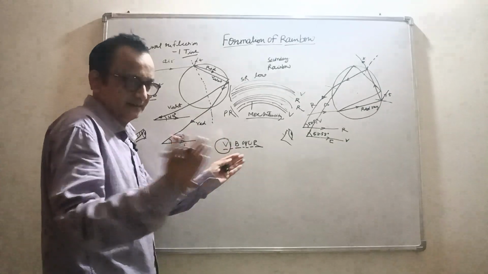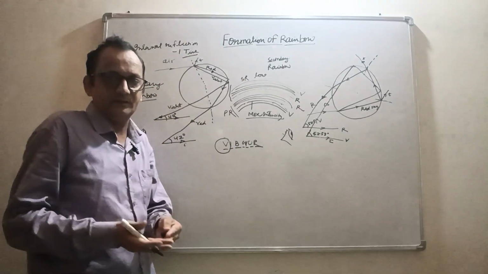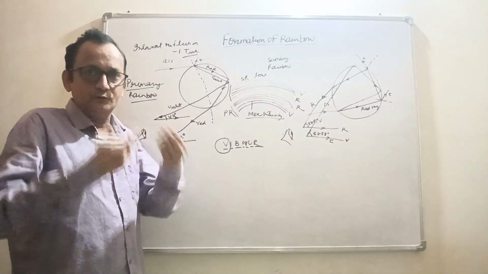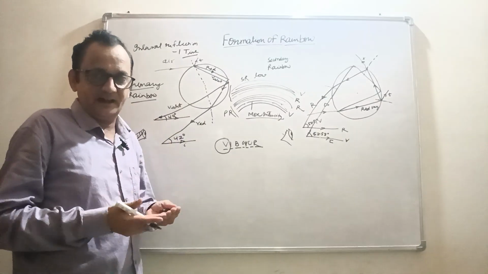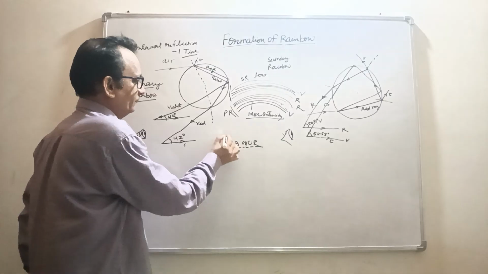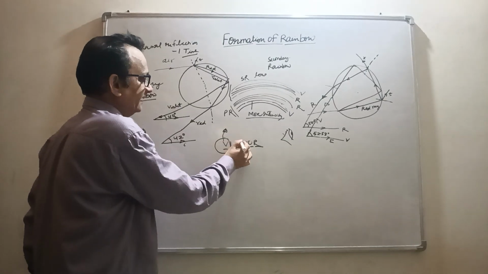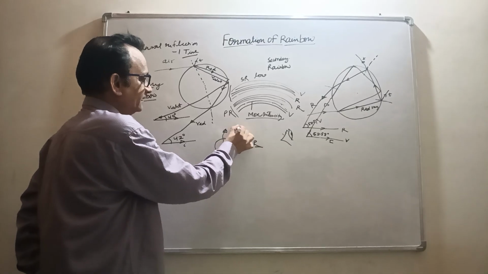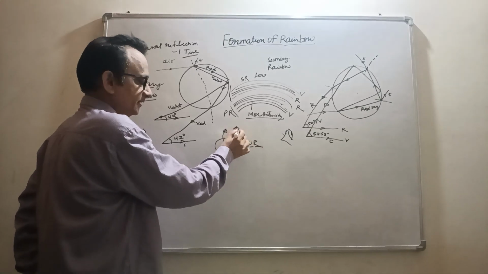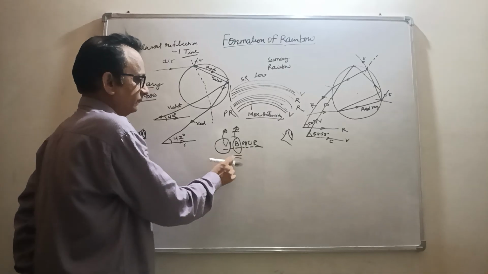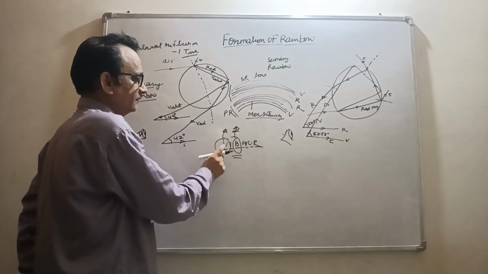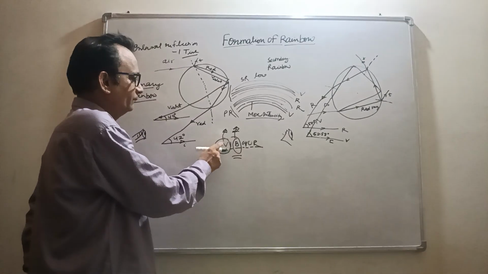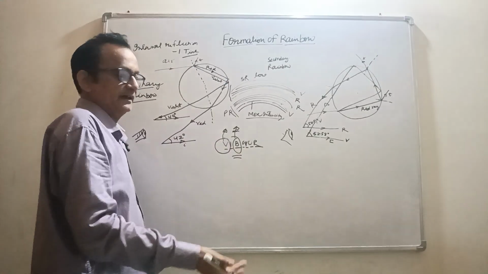This color is least scattered and can be seen from a long distance. So we use the red signal, and our sky is blue because blue color is more scattered, and the combined effect makes the sky look blue because blue color has more scattering.